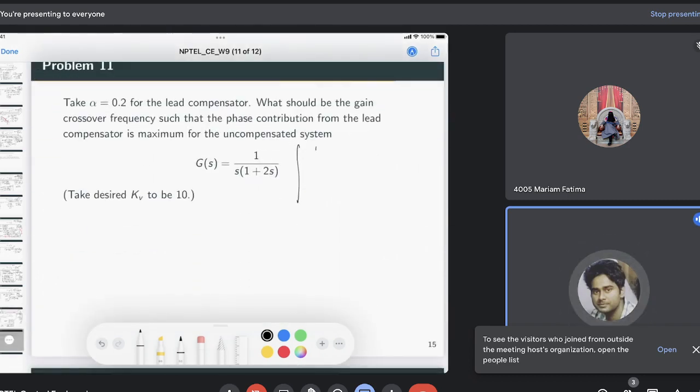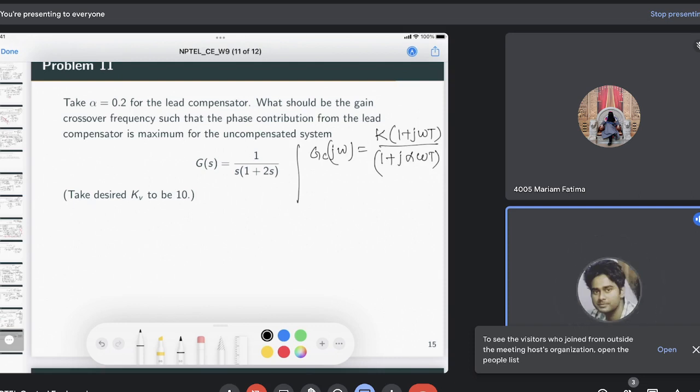We are given this compensator, so I'm just writing it in the frequency domain. It is K times (1 plus j omega T) by (1 plus j alpha omega T). So this is the lead compensator.